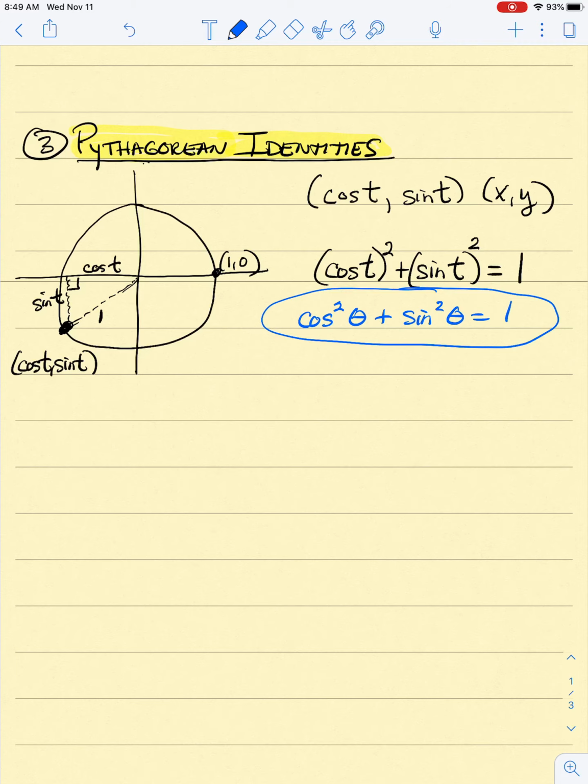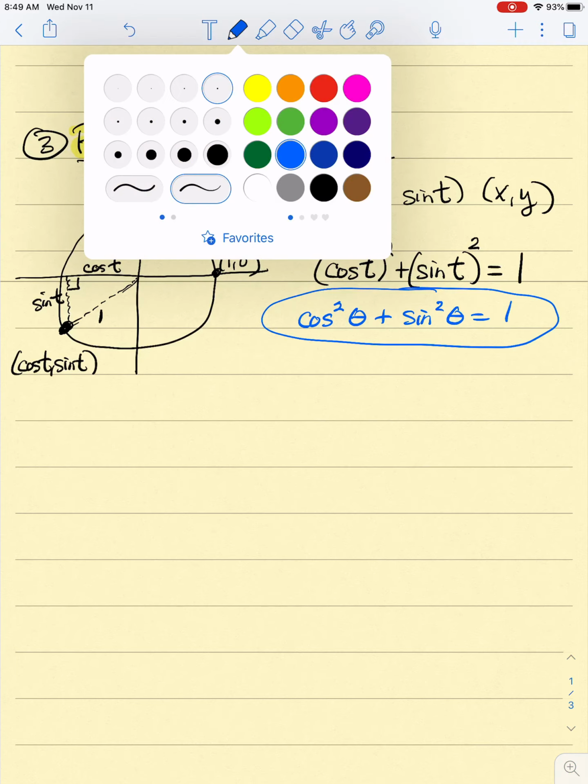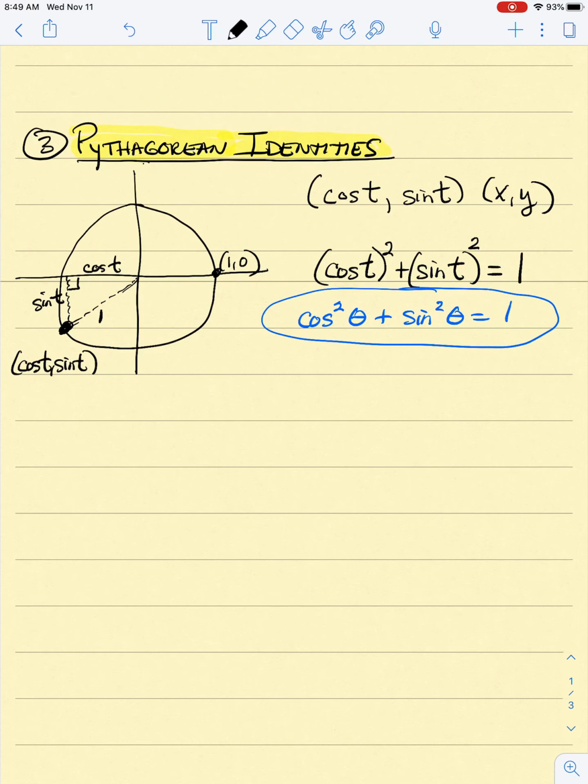Now, let's take that first one, this basic identity, and suppose we divided through by the cosine squared. I'll call that number 1. For the second identity, I'm going back to the bread and butter one at the beginning, cosine of t squared plus sine of t squared equals 1.